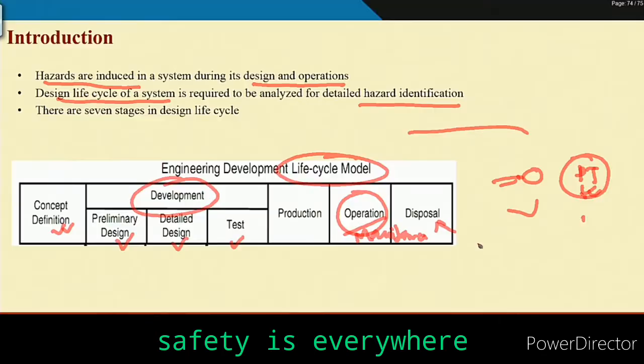So, there are many different hazard identification techniques you will find, and ultimately you have to use those techniques appropriately in the design stage itself. Okay, so that hazards are identified and prevented from occurring or recurring, so that people will be protected.